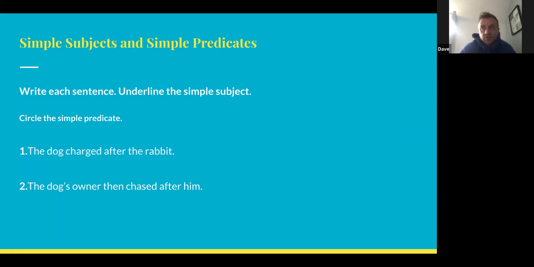So the owner is the subject, and then chased is the action. So when a dog charges, it runs after, like a bull charges. Now the dog's owner, the person, is chasing the dog. So the dog is running and the person is running.